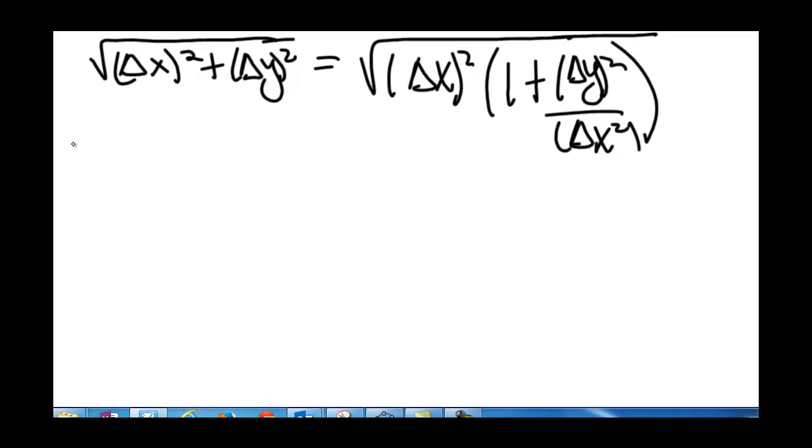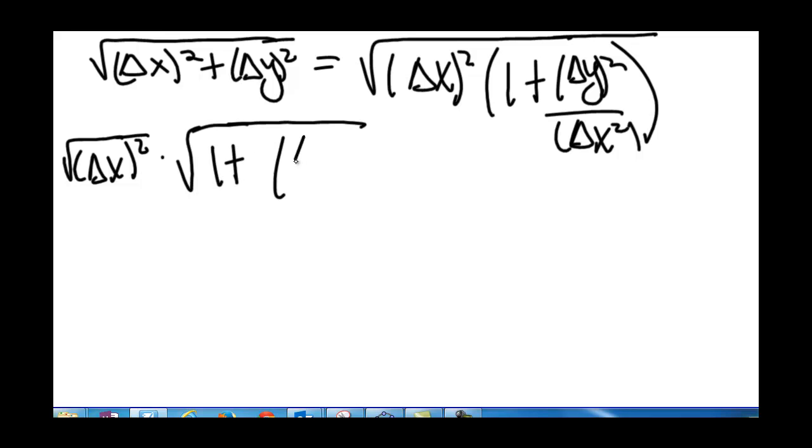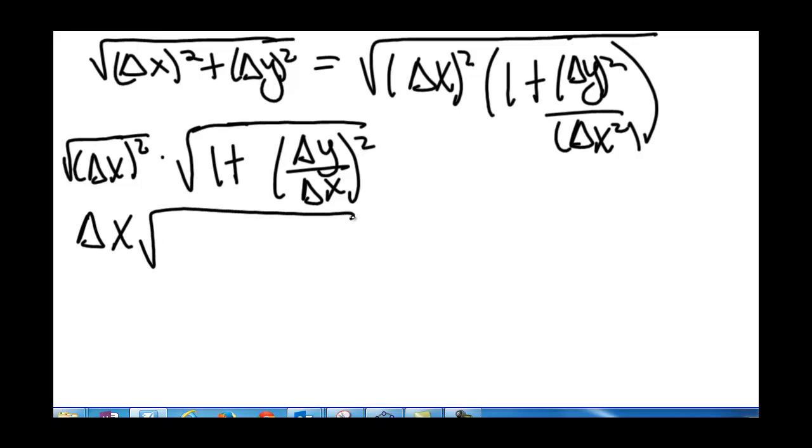We can separate these square roots, so we have the square root of the change in x squared times the square root of 1 plus the quantity change in y over change in x, squared. And the square root of something squared is just that something, so we have delta x times the square root of 1 plus the quantity change in y over change in x, squared.